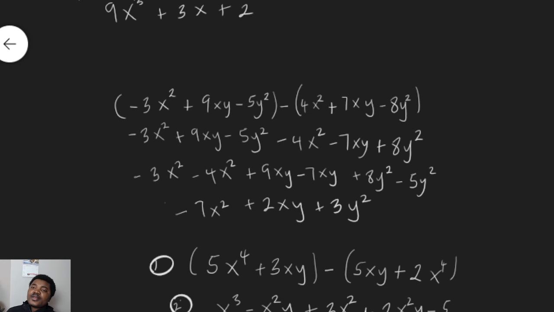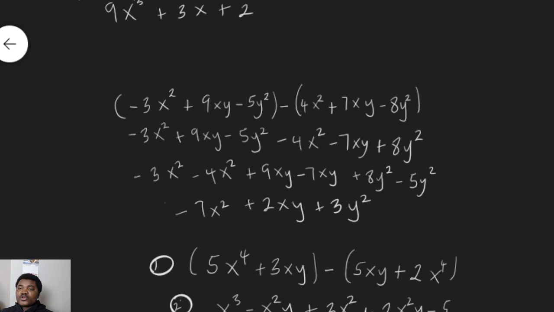And then negative 1 times 8y squared will give us positive 8y squared, because negative times negative is going to give us a positive.